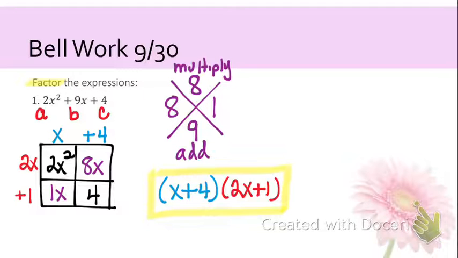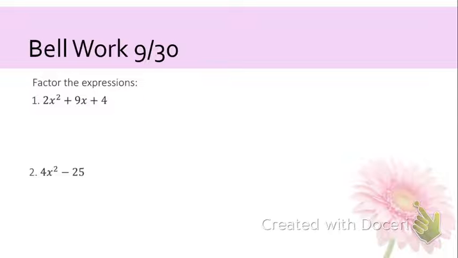So today we're focusing on a special factoring pattern, and that's called factoring the difference of perfect squares. And it happens when you are subtracting. So in that first blank, write subtracting.